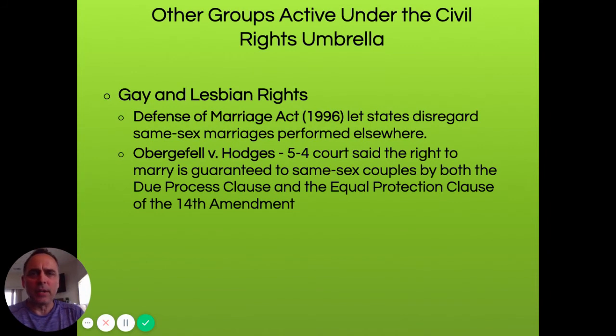If we recognize a marriage license, but we're not going to recognize this particular marriage license because it's of a same-sex couple, isn't that a violation of the 14th Amendment? Equal protection of the law. And the obvious answer is absolutely, 100% it is. And so DOMA got passed, which basically said that states could disregard same-sex marriages performed in other states if they wanted to. Okay. And that's how it went.